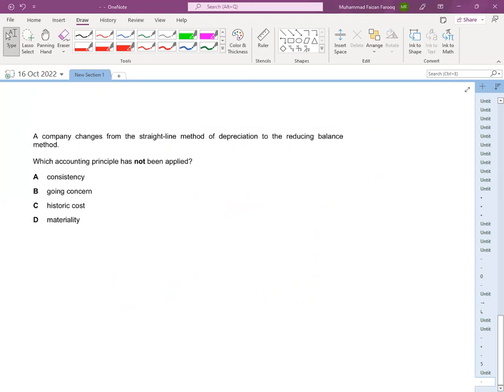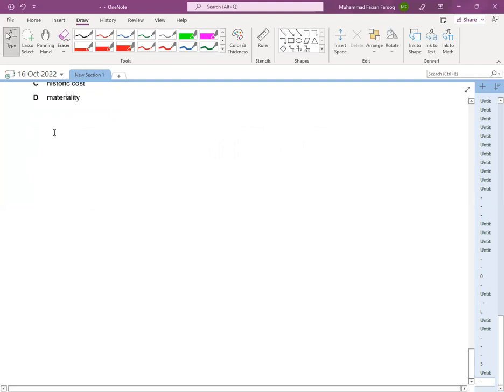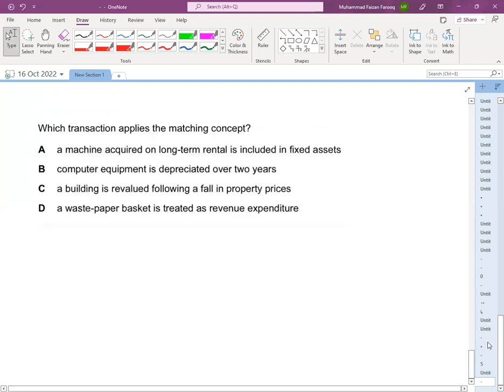Why? Because it's against an accounting concept. Which concept was that? It was consistency. You must be consistent. If you do that, you are not following the consistency principle and it's not the correct thing.